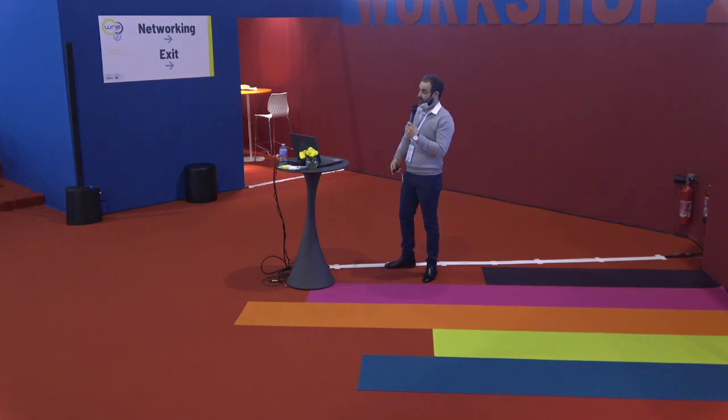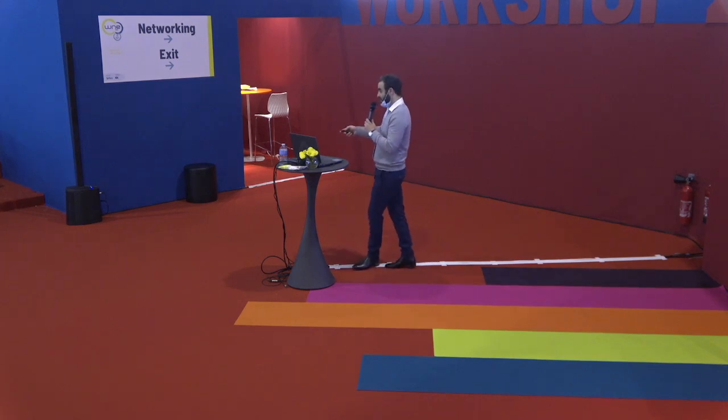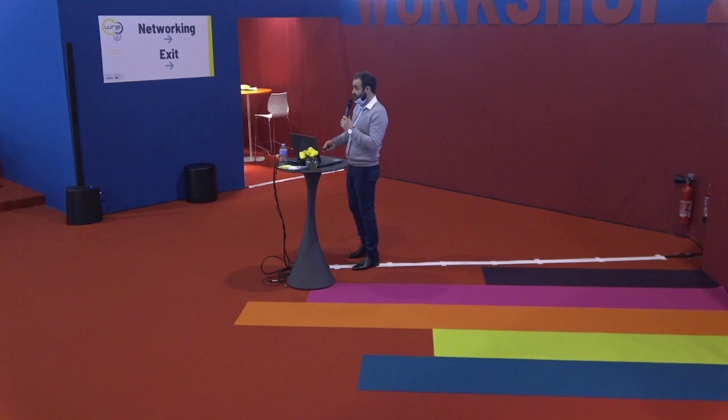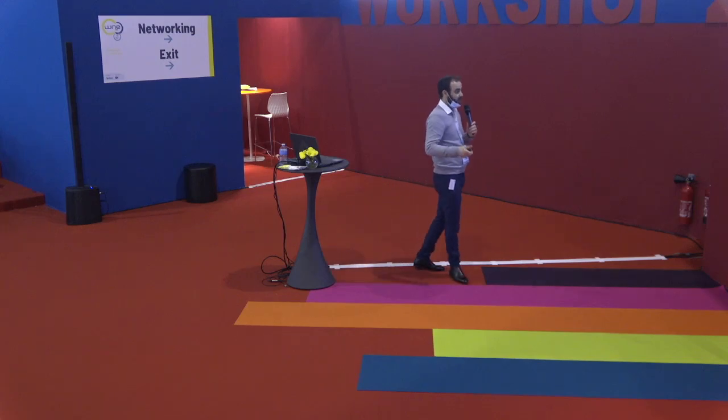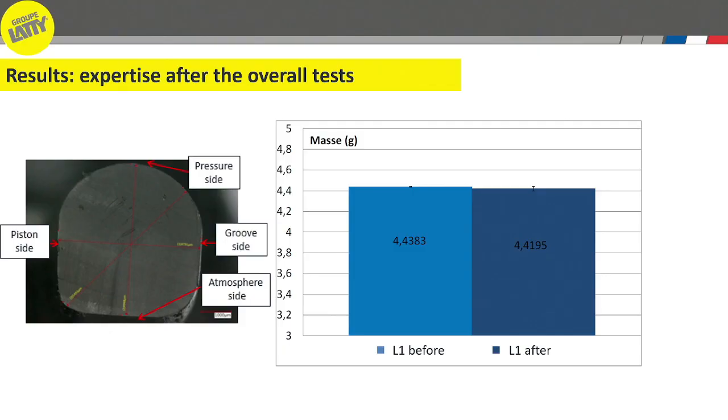We measured the mass before and after, and no deviation was observed. In terms of observation, a cross-section of the O-ring gives a good aspect, and most importantly, there is no extrusion observed on the O-rings. This is probably due to the sliding without wrapping.